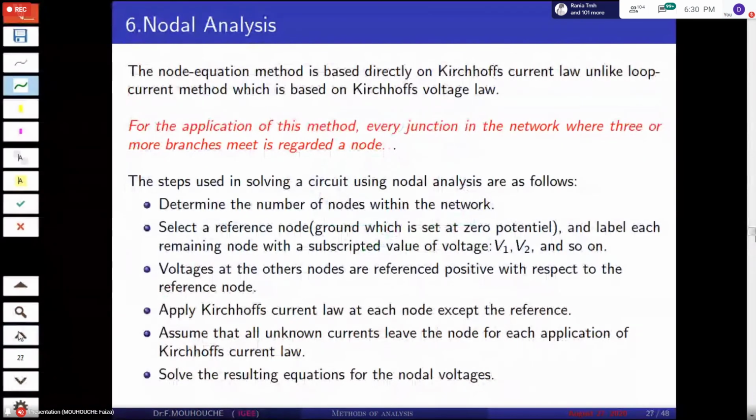The first step is to determine the number of nodes within the network. Select a reference node. The reference node is the ground, which is set at 0 potential, and label each remaining node with a subscripted voltage value V1, V2, and so on.